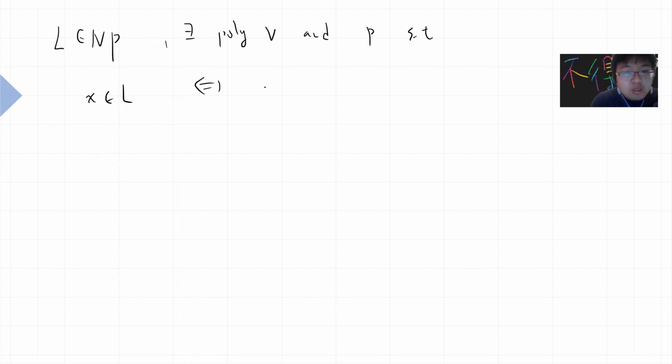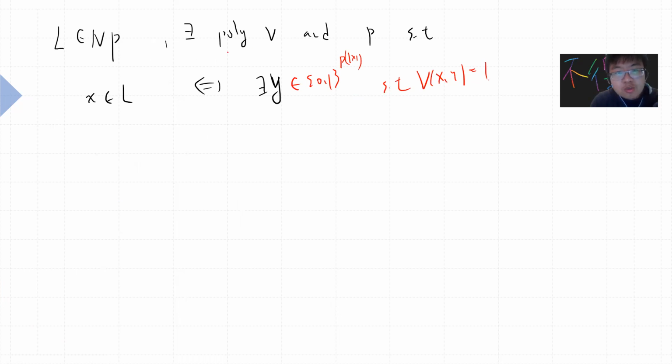Let's recall: if L belongs to NP, it means there is a polynomial verifier V and a polynomial P such that if X belongs to L, then there is a Y in {0,1}^P(X), of length P(X), such that V(X,Y) is 1.